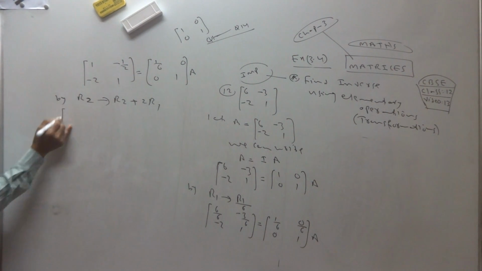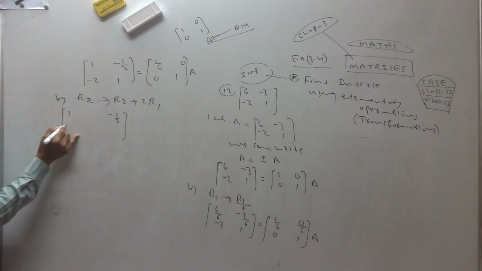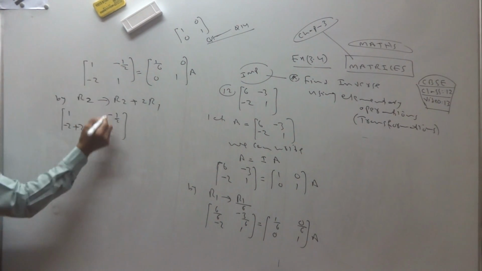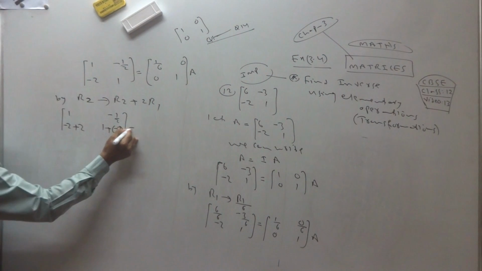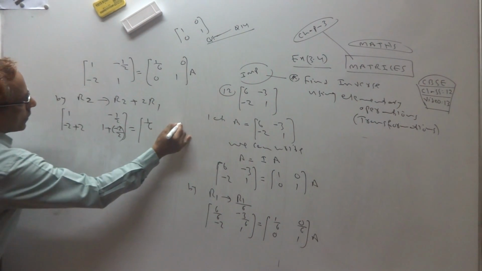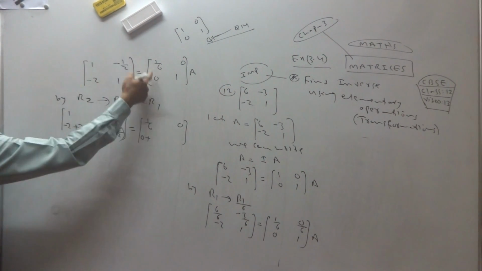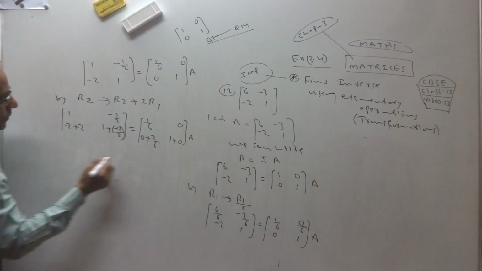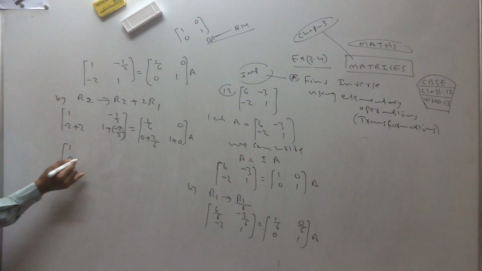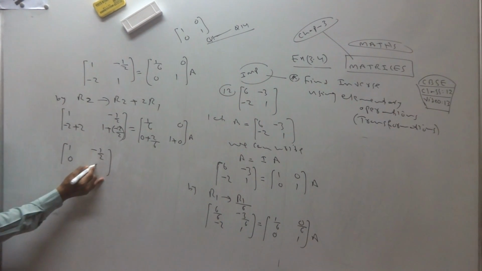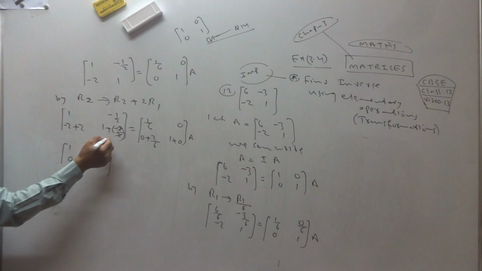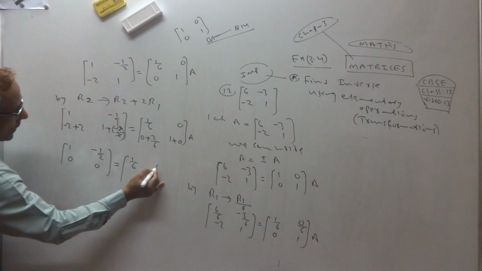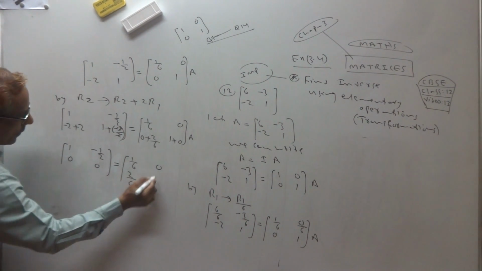R2 plus 2R1: minus 2 plus 2 ones are 2, 1 plus 2 times minus 1 by 2 is 0, 0 plus 2 ones are 2 by 6, 1 plus 2 into 0 is 1. See, I got 0.